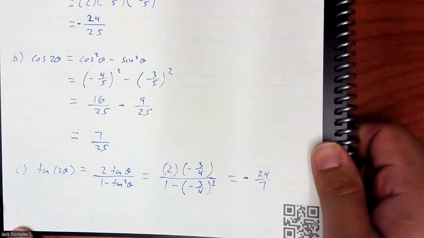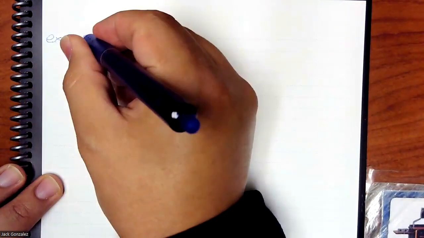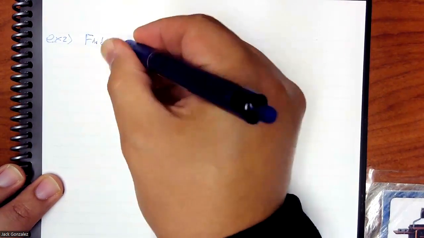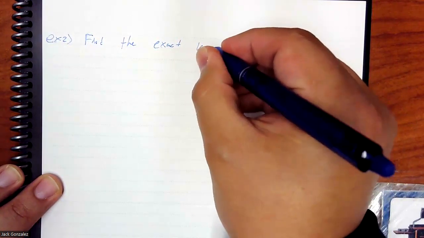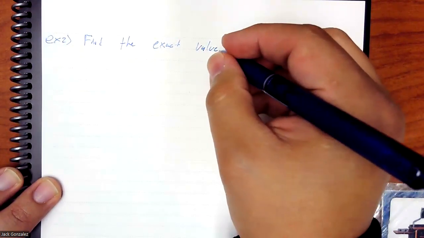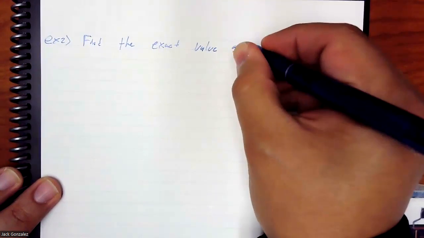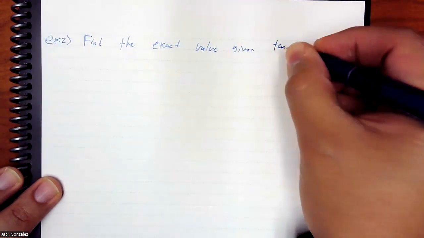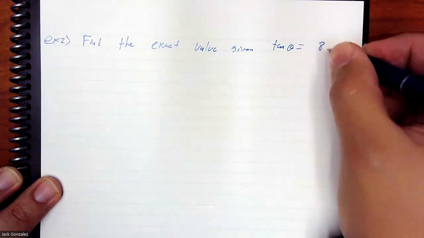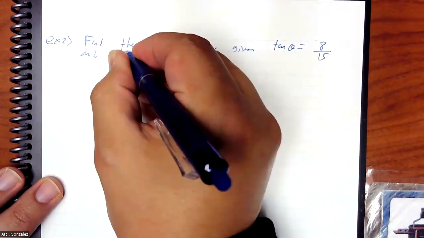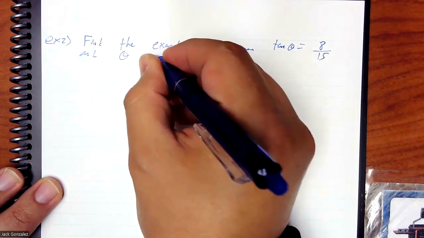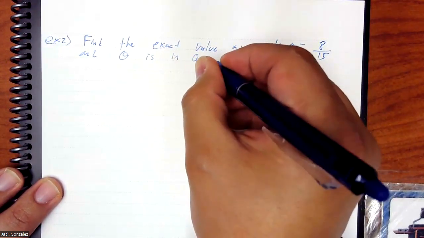Yes, cool. I turn the page. Example 2, be the same thing. Find the exact value. Given that tangent theta is equal to 8/15, and they're telling us that theta is in quadrant 3.